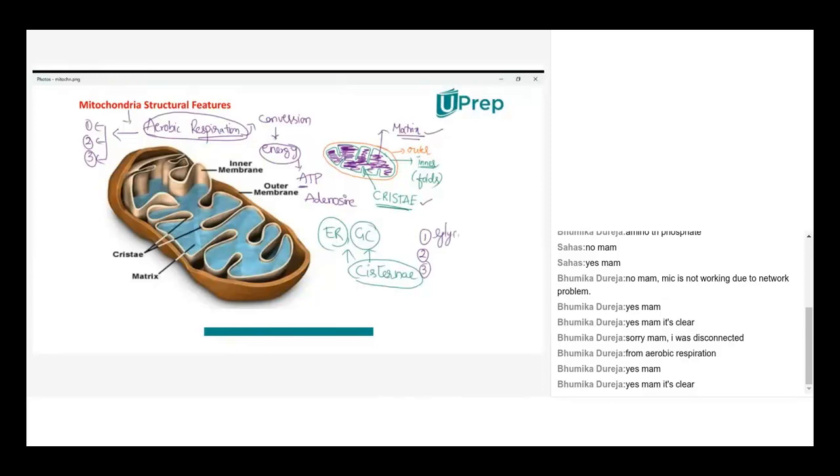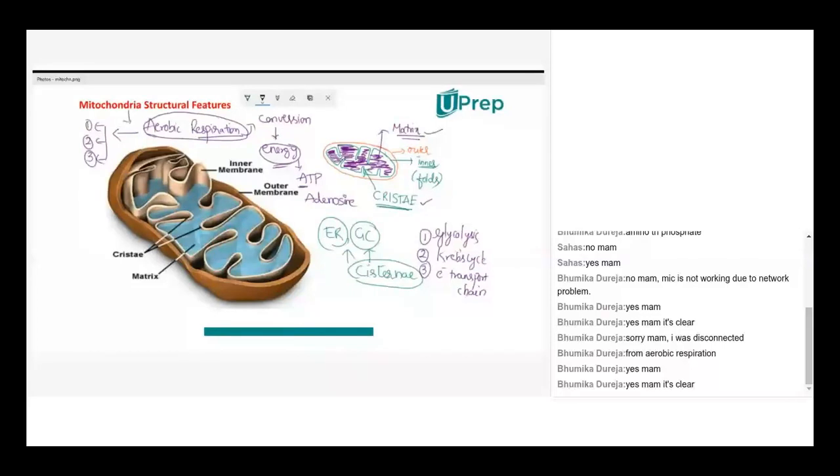Glycolysis, Krebs cycle, this is a scientist's name, and electron transport chain. So these are the 3 steps through which energy will be released from the diet which you have taken, from the carbohydrates and all. Okay? Yeah. So that is the structural and functional aspect of mitochondria.